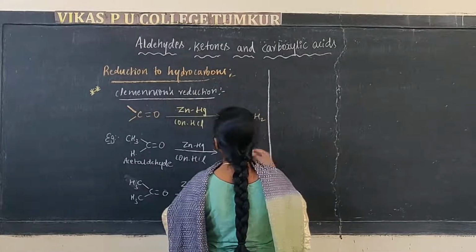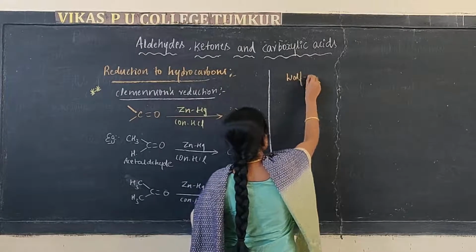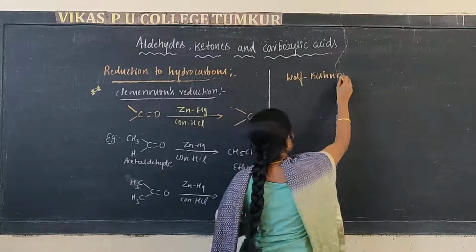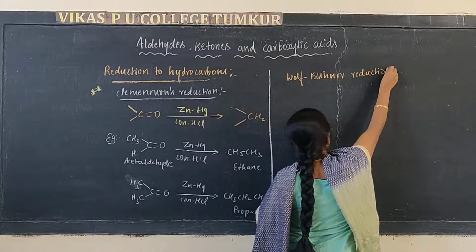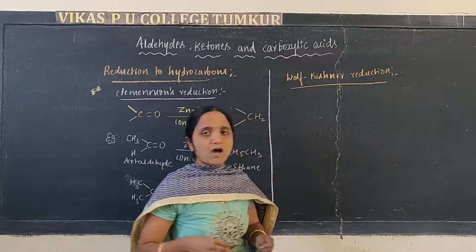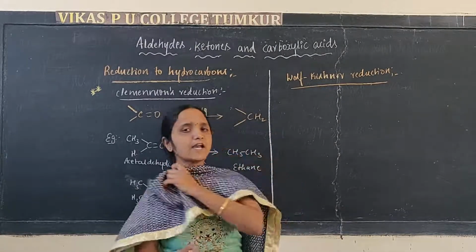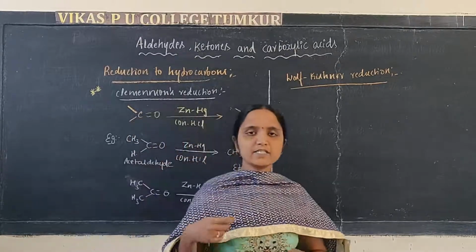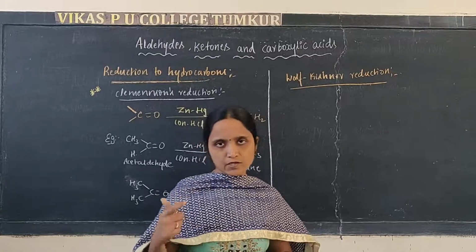The name of that reaction is the Wolff-Kishner reduction. In this Wolff-Kishner reduction, aldehydes or ketones react with hydrazine, NH2NH2, to form the respective hydrazone.